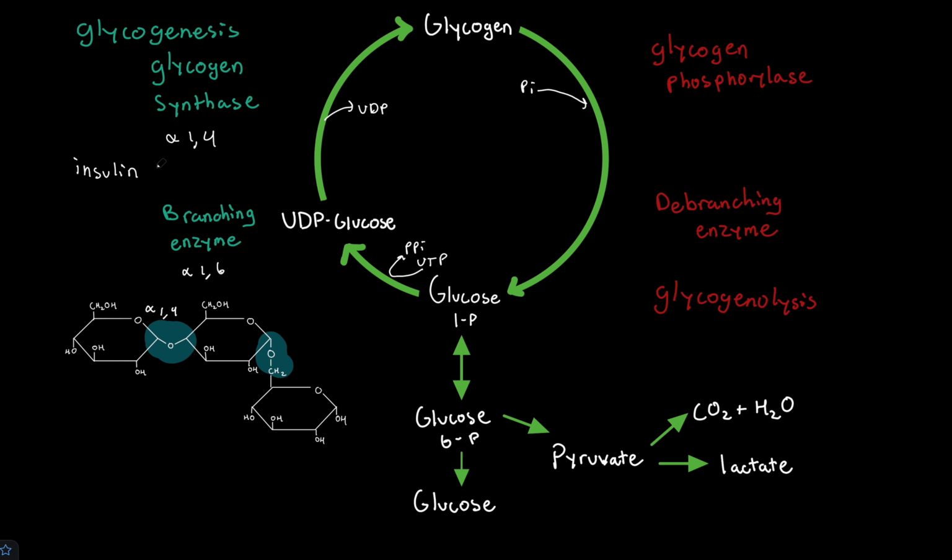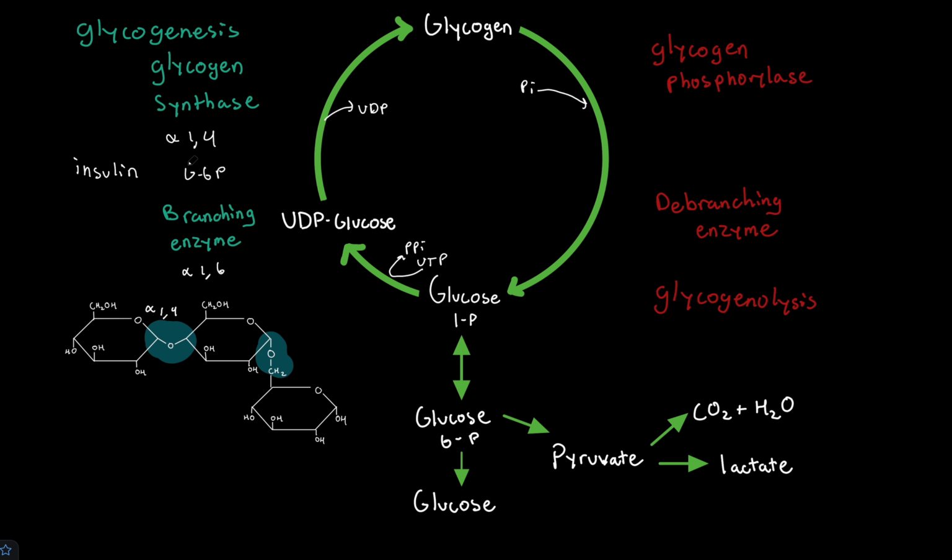For those of you that don't know, insulin is a hormone that is released when we have blood glucose in our bloodstream, and this hormone basically allows the uptake of glucose from the bloodstream. So let's say we just ate dinner, insulin will be released. And we also have glucose 6-phosphate, which will also be promoting our glycogenesis.